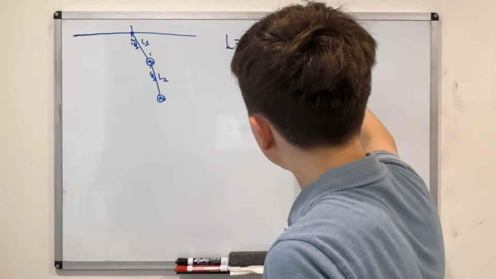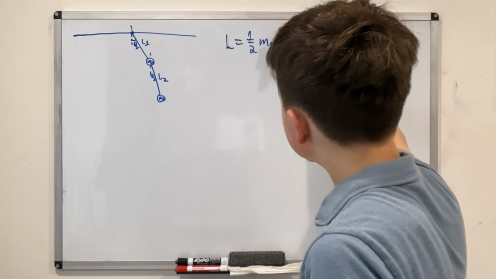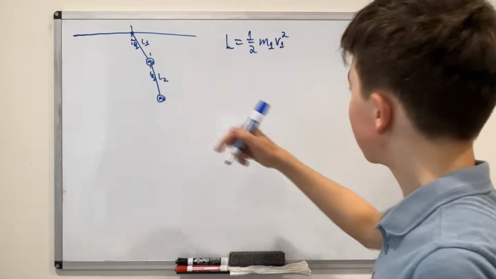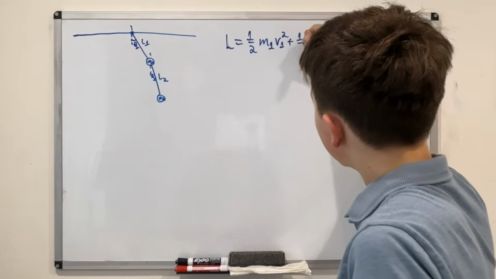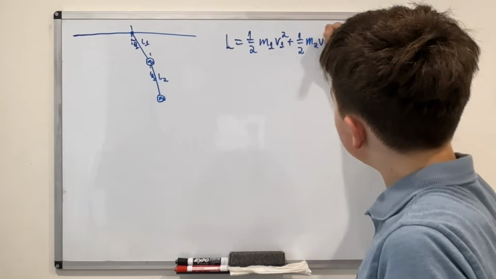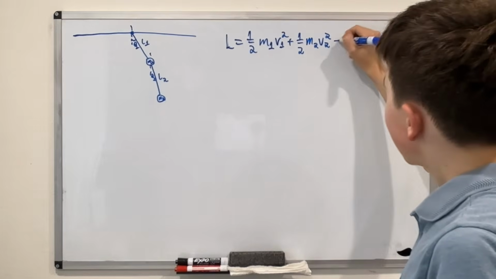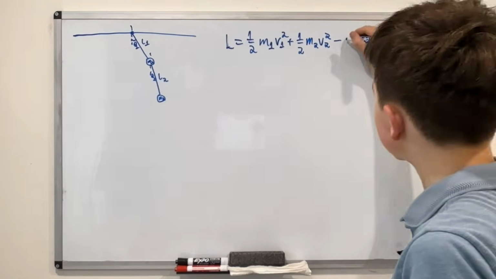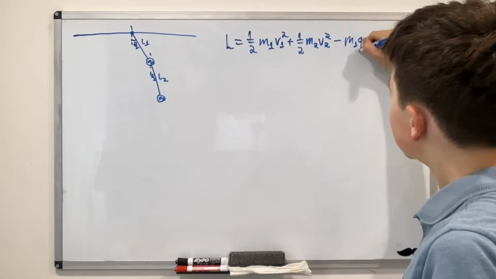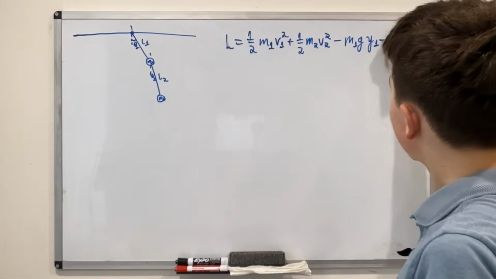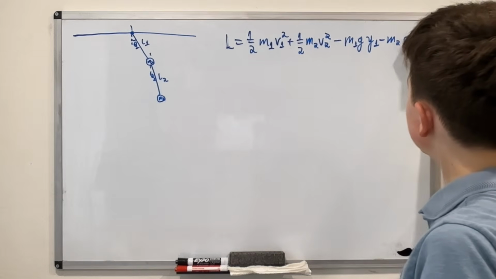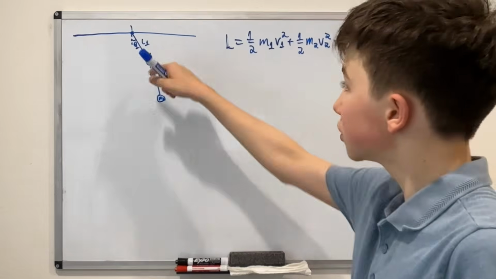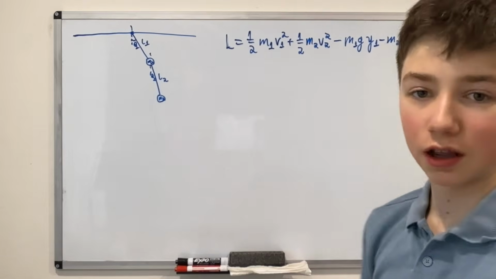So first we're going to have 1/2 m1 times v1 squared, that's for the first bob, plus 1/2 m2 v2 squared for the second bob. And then we will subtract off the potential energy. Here the potential energy is going to be m1 g y1 and m2 g y2, where y1 is the height of the first bob and y2 is the height of the second bob.